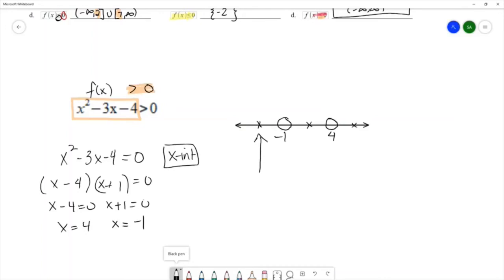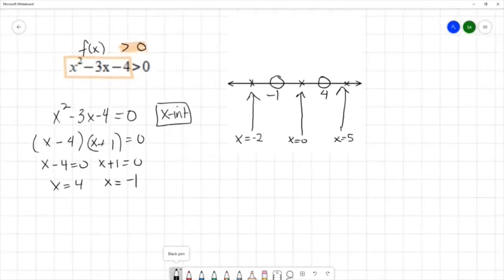I need to choose a test point that is less than negative 1. So I'll choose a test point of negative 2. I need to choose a test point in this interval, something in between negative 1 and 4. I'll choose 0. I'll choose a test point in this interval, something greater than 4, like 5.